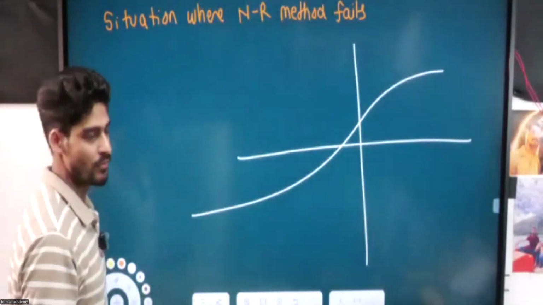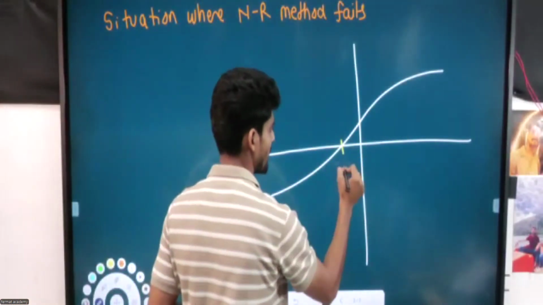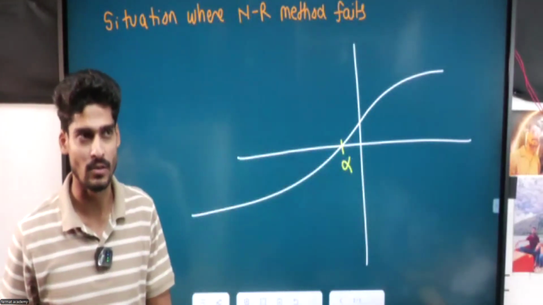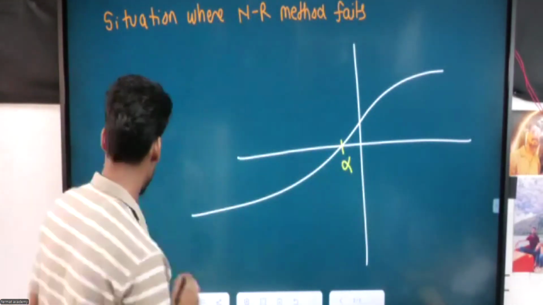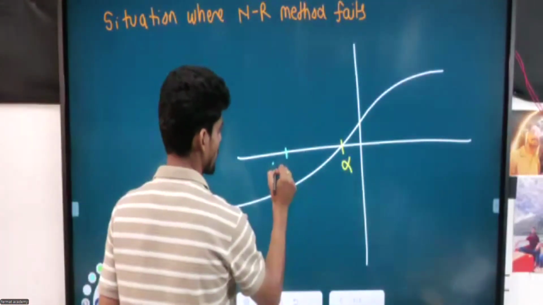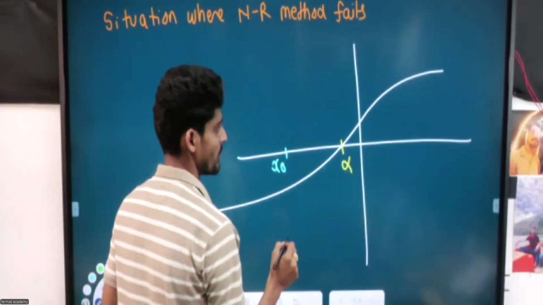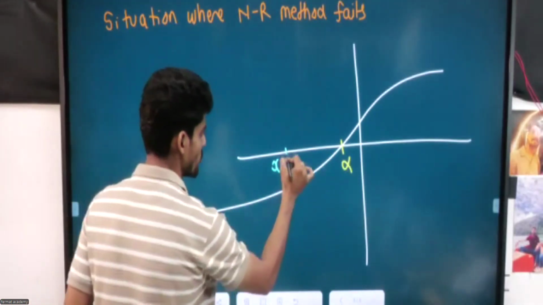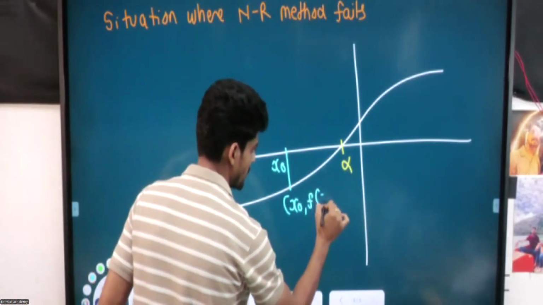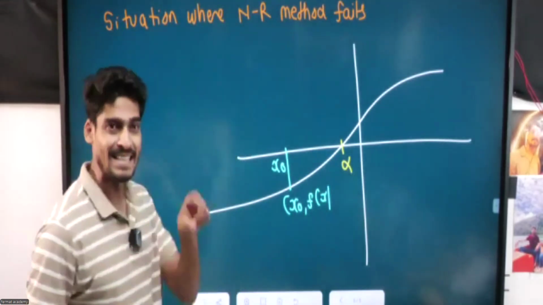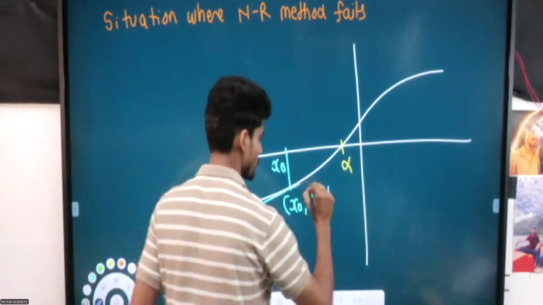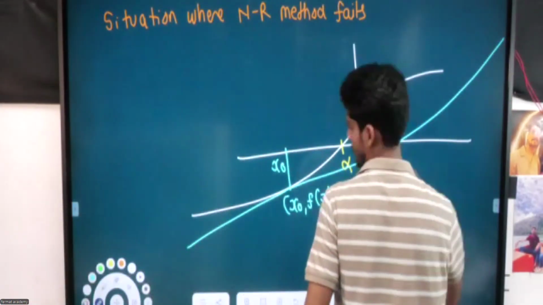Suppose this is my graph. So what is the exact root? Let's call this alpha, because it is the point where it is crossing or touching the x-axis. Now suppose you have chosen your x naught here. What is the procedure? You go to this point, call it x naught comma f(x naught). Then you take the tangent at this point. This is the tangent.